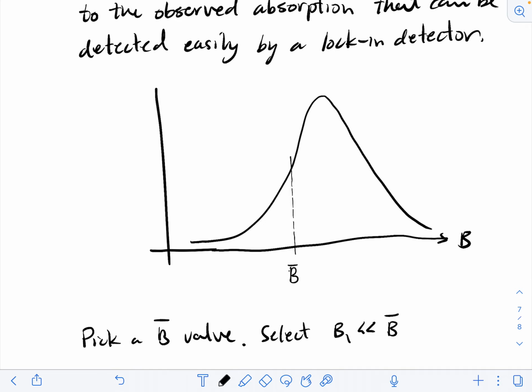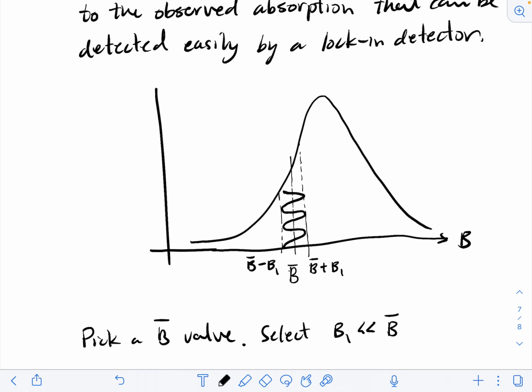I'm going to exaggerate it here so that we can draw a good picture, but we might make our oscillations so that the magnetic field has extreme values of B average plus B1 and B average minus B1. And we're going to oscillate that field, so we're changing the value of the net magnetic field. And of course, as you do that, you sample different parts of the absorption curve.